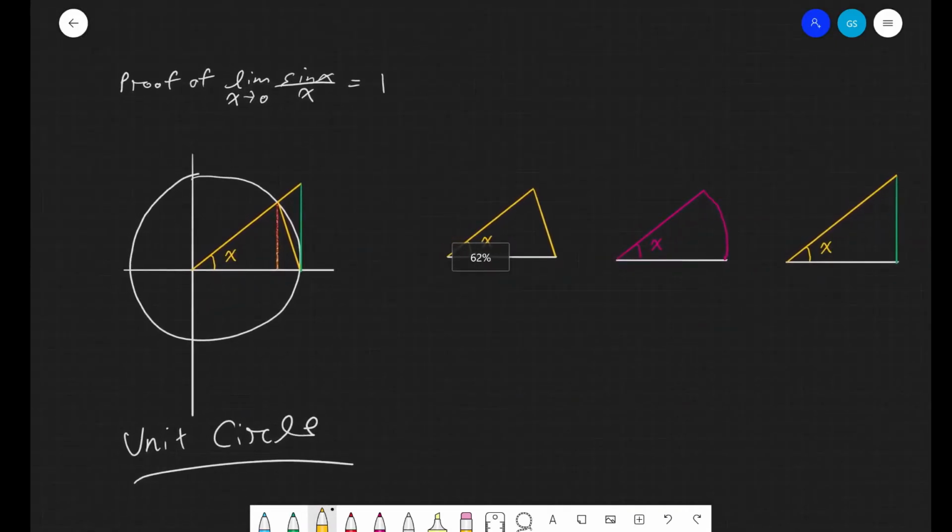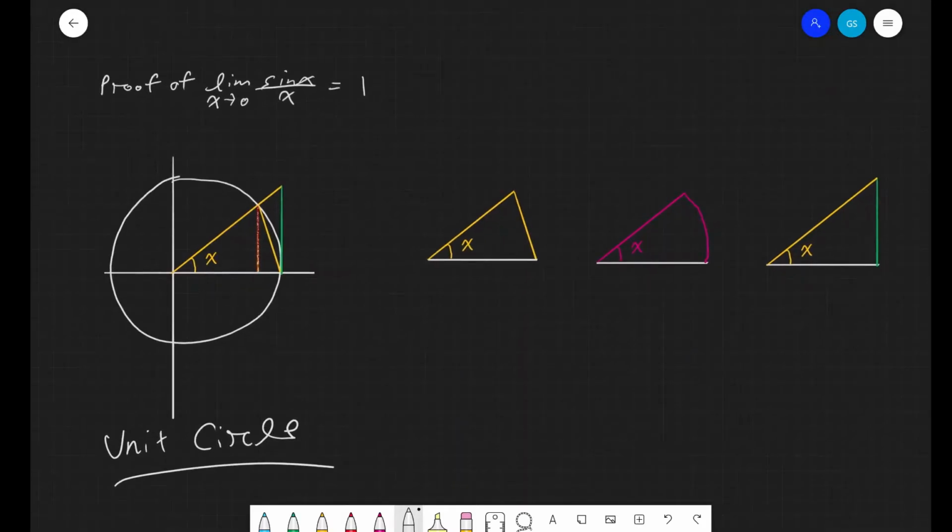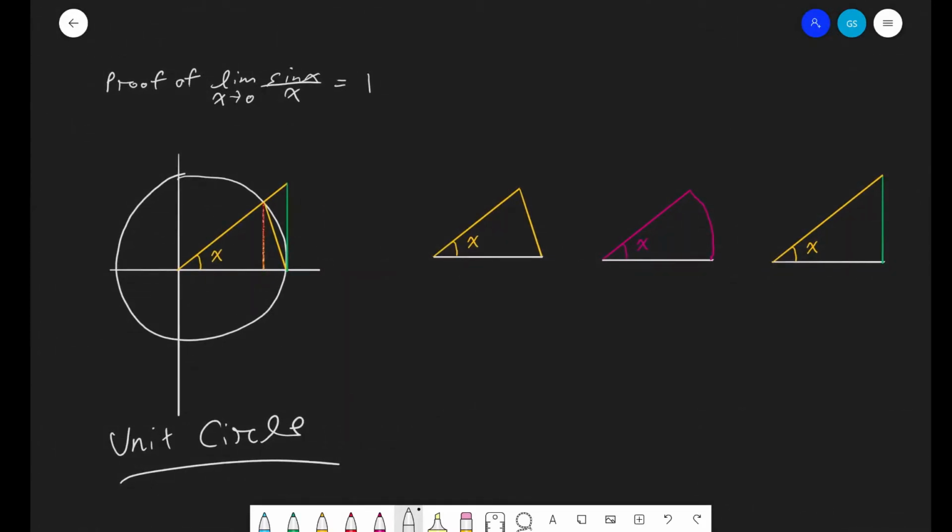All right. So what I did here was I drew a unit circle and this interesting looking triangle that's been split up. Basically, let's compare some areas. I forgot to mention that I'm going to be showing the proof of why sine x over x equals 1.